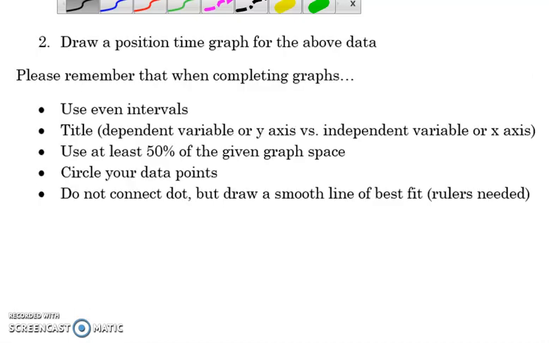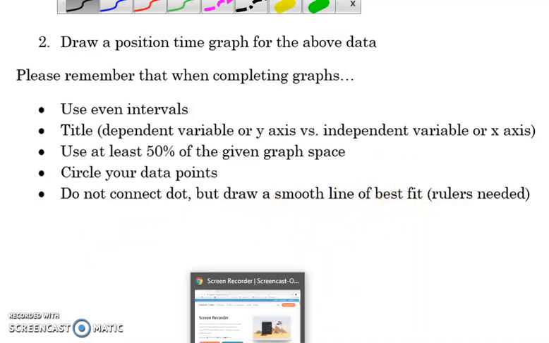So we're going to be drawing a position time graph. We need to make sure that we're using even intervals on the axes. Title, very important. Use at least half of the graphing space, please. And we circle our data points, just so that we can see them. We're going to use a line of best fit or a smooth line, not just connecting dots.